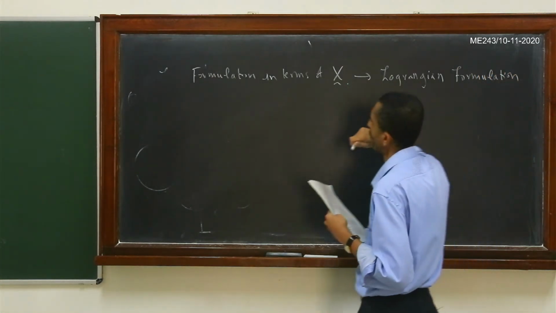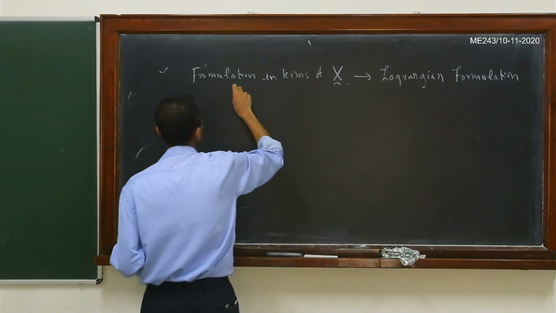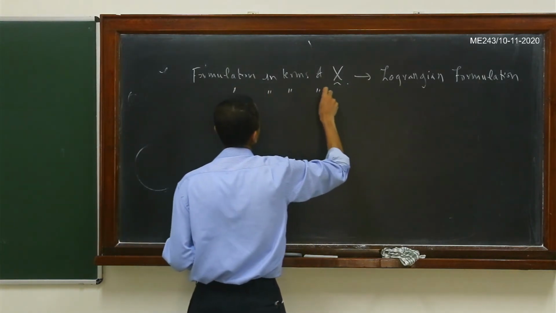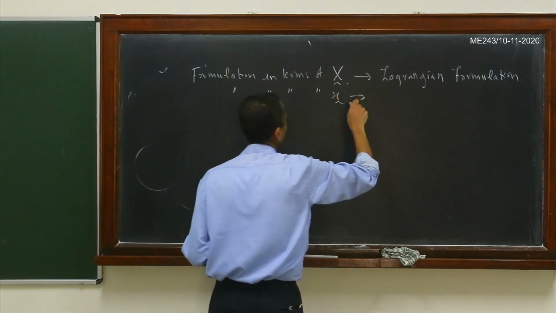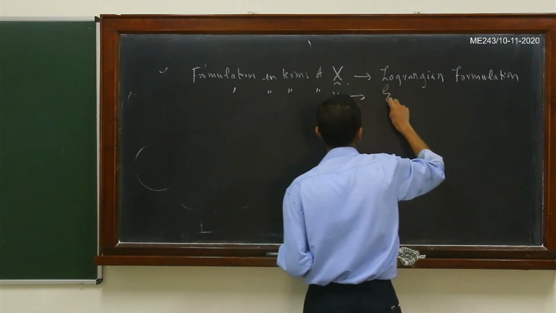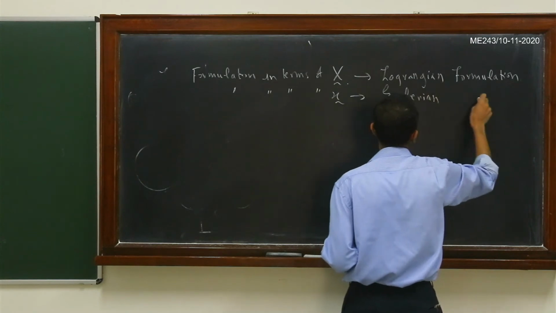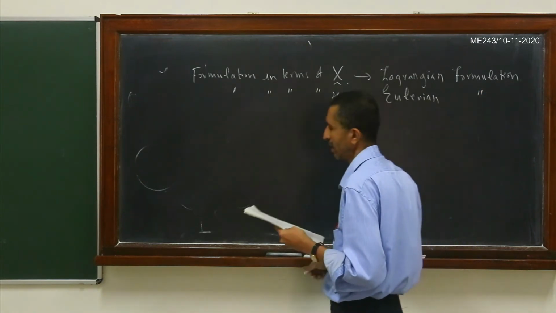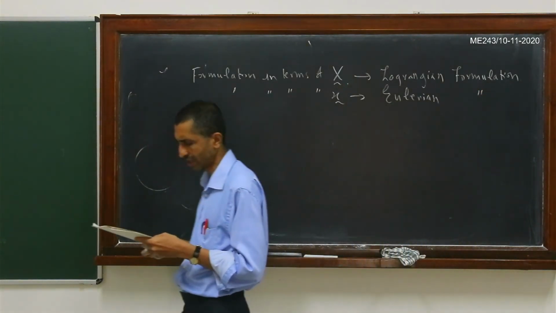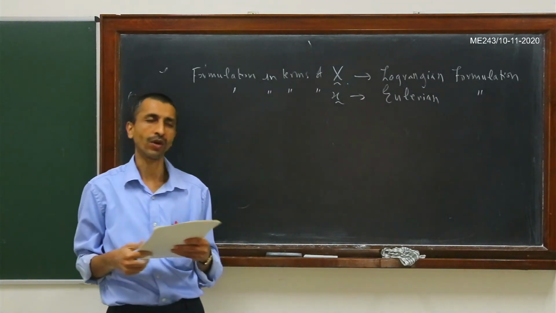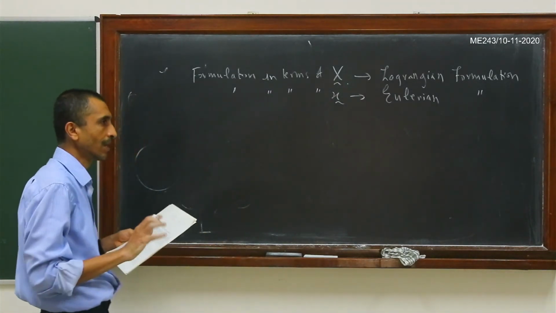And the formulation in terms of small x is known as an Eulerian formulation. Of course these names are after Lagrange and Euler, who were both applied mathematicians.